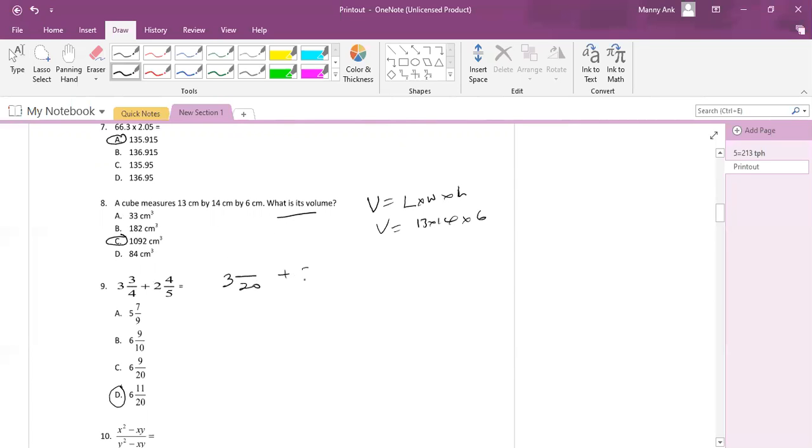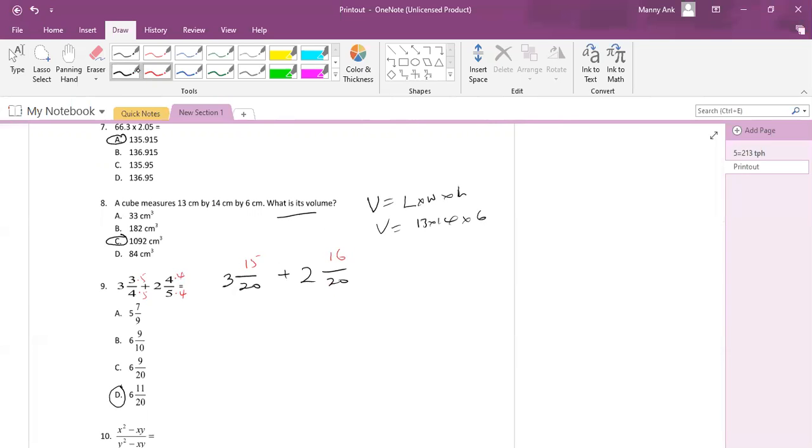Write each fraction as an equivalent fraction with 20 as the denominator. I have to multiply the 4 by 5 to get 20, so I will do the same to the numerator. So this should be 15. This is 5, so 5 times 4 gives me 20. I have to do the same thing here to the numerator, so that will be 16.